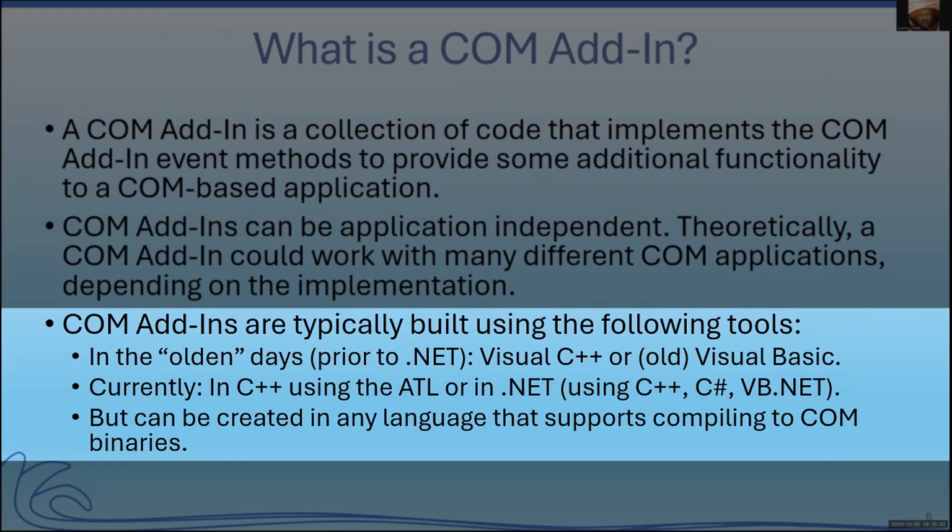You can do that using C++, C#, or VB.NET, or any other .NET language that supports compiling to COM, but in that case it's compiling to .NET bytecode, so it's a little different than pure C++ in ATL. And like I said, there are probably other languages that support COM, but generally these are how people have been creating COM add-ins for the past couple decades.